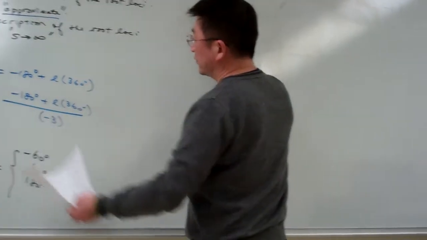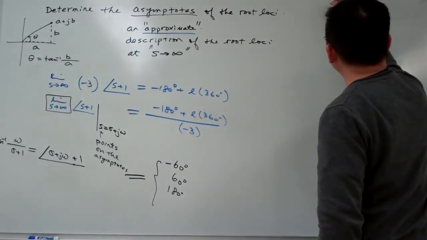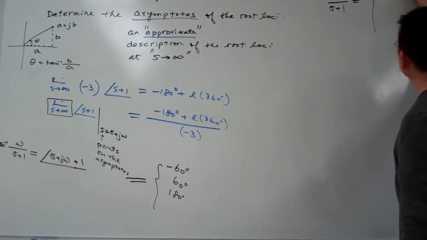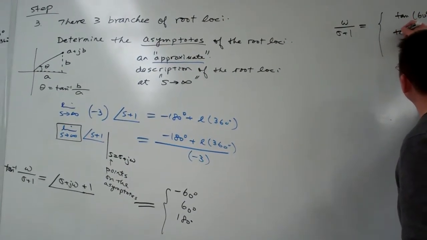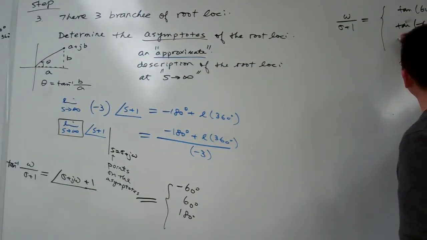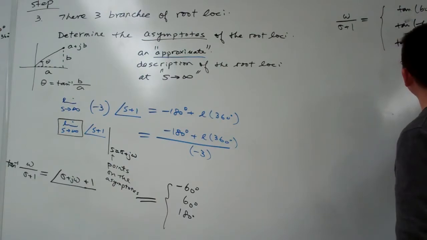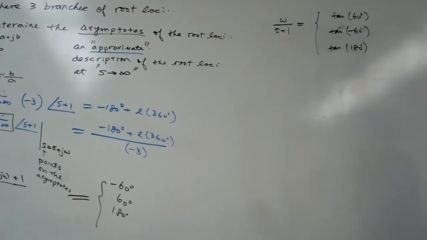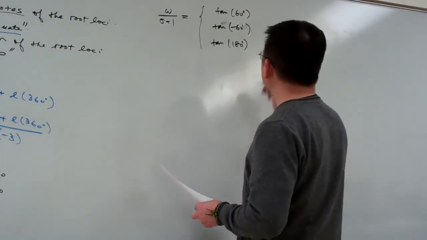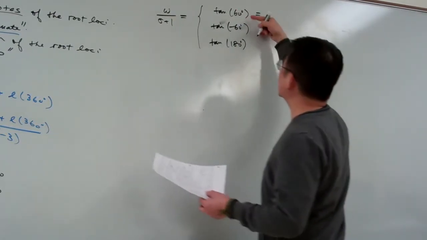So now with that information, omega sigma plus 1 has three possibilities: tangent 60 degrees, tangent minus 60 degrees, and then tangent 180 degrees, right? Okay. So with this case, that means this one will be equal to 60 degrees.